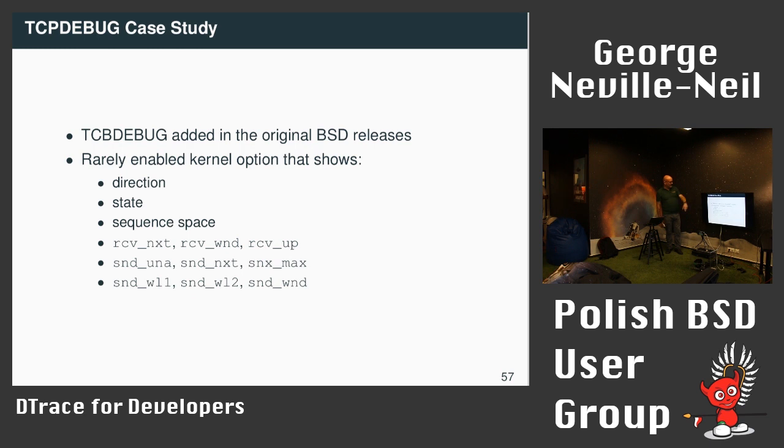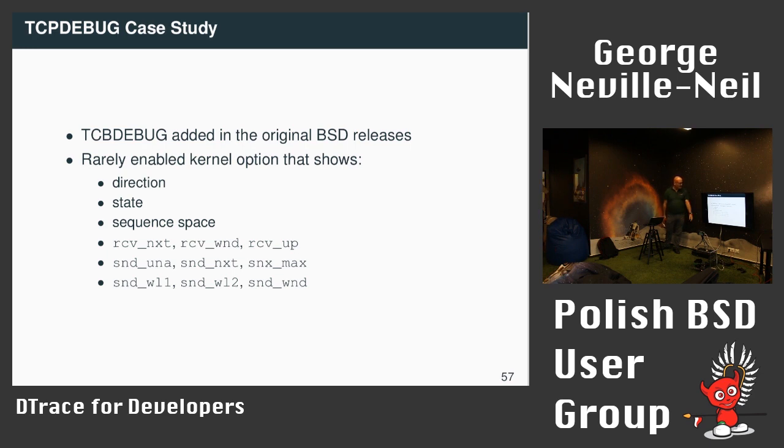So I did this for TCP Debug. Many, many years ago, when I was young and did not have hair, because I started shaving my head young, there was an option added to not FreeBSD, not OpenBSD, not NetBSD, but BSD, like the BSD, called TCP Debug, and it was used to debug the early TCP stack. I think by Loeffler, who wrote the stack.